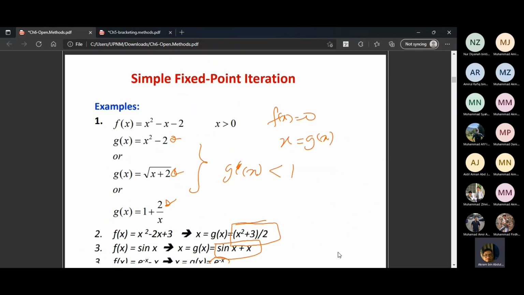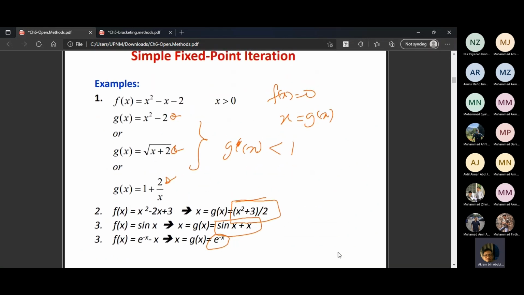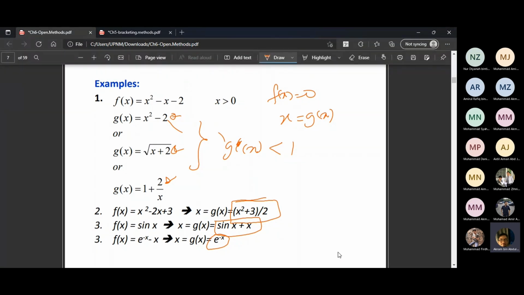Okay, let us look at more examples. This time we have a polynomial f(x) equal to x squared minus x minus 2, where x is greater than 0. For this case, we have multiple options on how to create our function g of x.